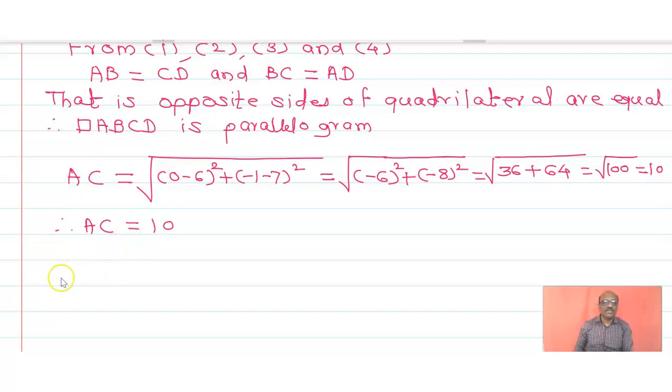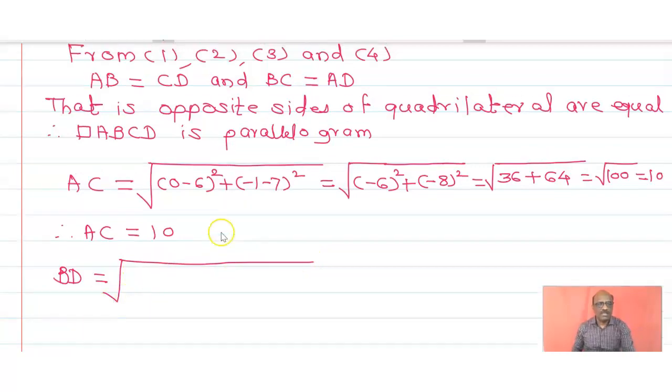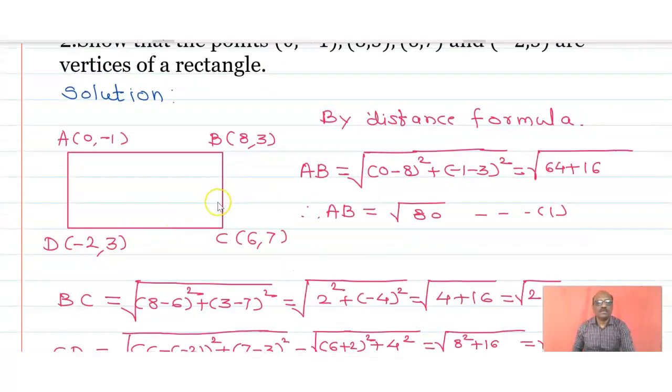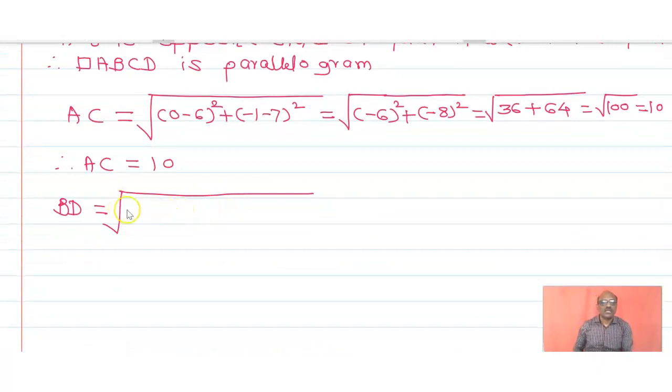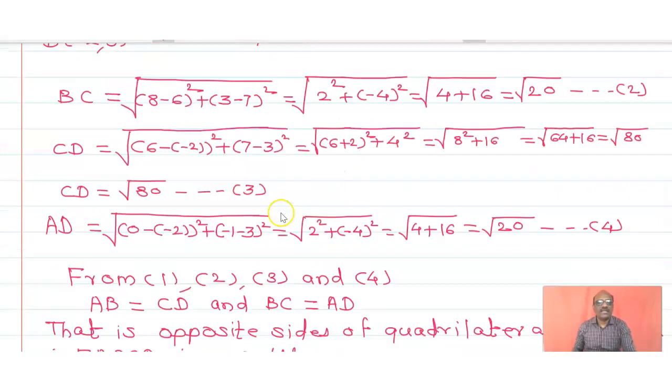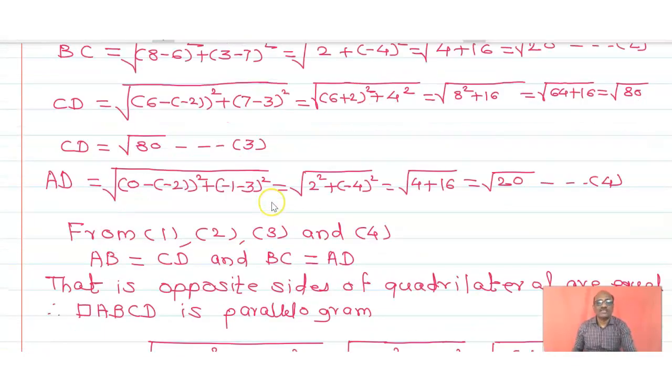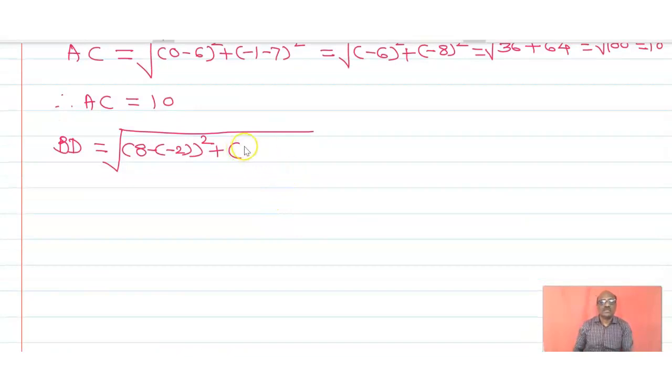Now we'll find out BD. BD is equal to the root of (8 minus (-2)) squared, and next (3 minus 3) squared.